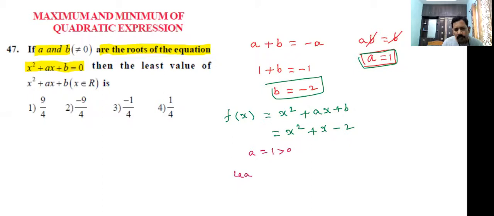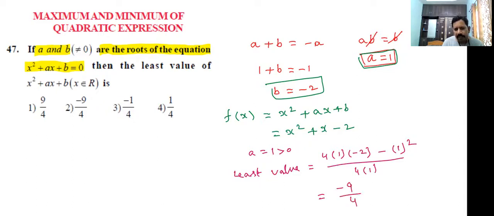Therefore, least value or minimum value, either, no problem. What is the formula, students? 4ac minus b square divided by 4a. Now see the calculation. -8 minus 1, that is -9 divided by 4. Okay. Now which option is correct? Second option correct.